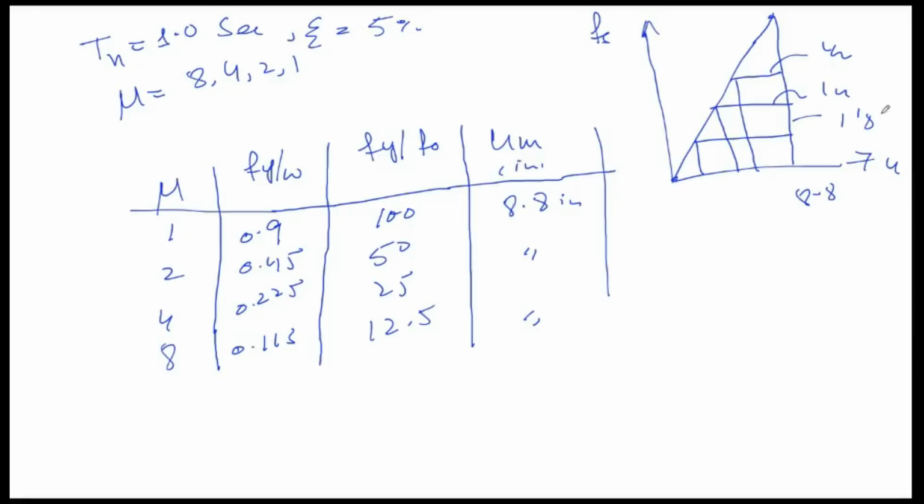Now, these results indicate that if the structure is permitted to yield, its design force is reduced by the ductility factor, but the design deformation is unaffected. You can see that both for the elastic as well as the inelastic system, the deformation is the same.